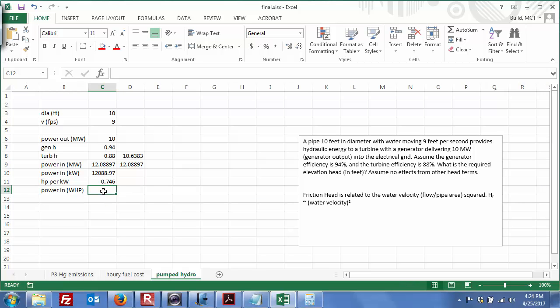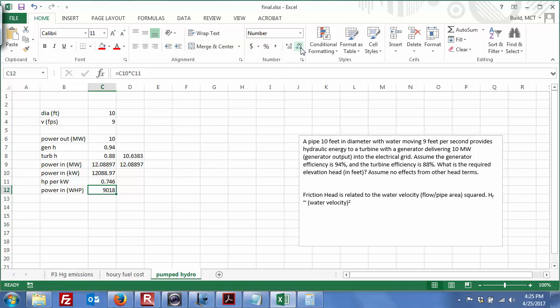And now we can get to this guy. There's fewer horsepower per kilowatt, so it equals that times this. It's going to give us horsepower. There's our water horsepower. Okay.